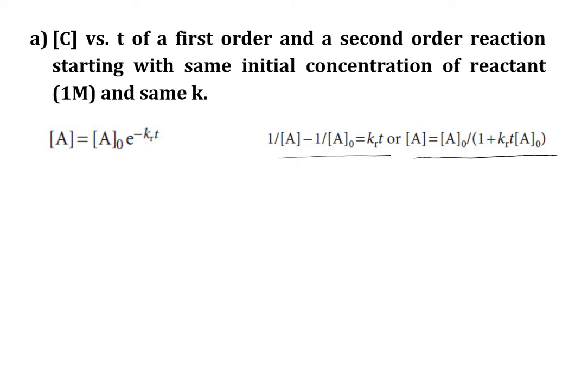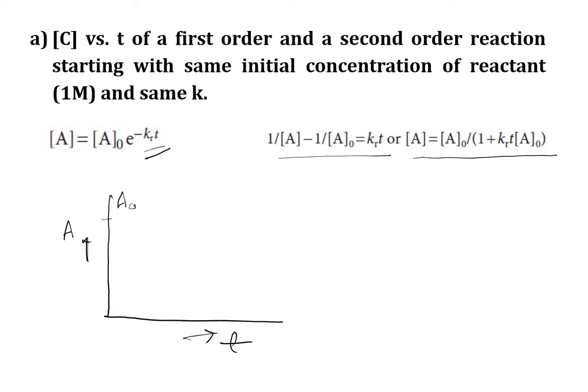Obviously the first one is straightforward because it's an exponential decay, so it would be like this. If the y-axis is concentration of A or At and the x-axis is time, then the initial value is A0, because when t equals 0, e to the power 0 is 1, so A is A0.